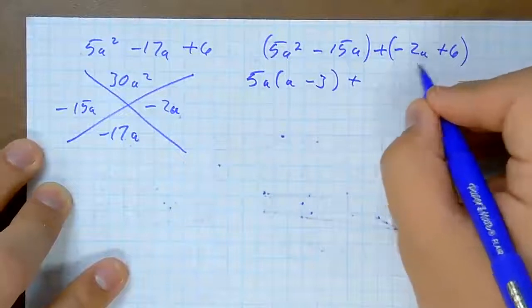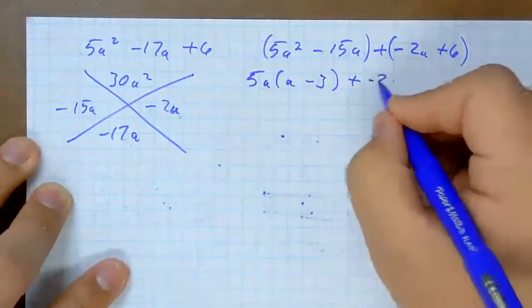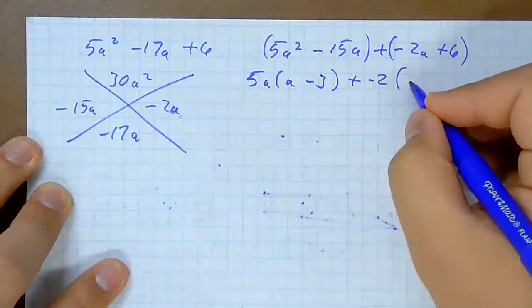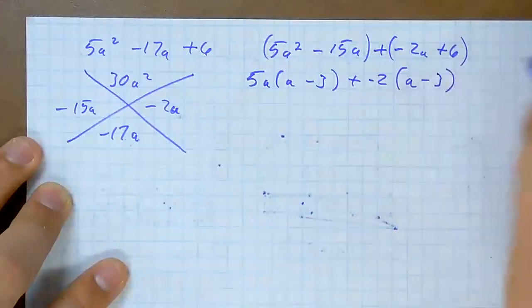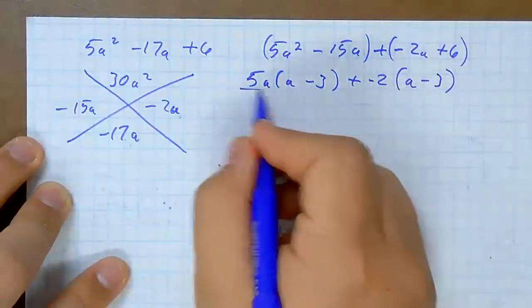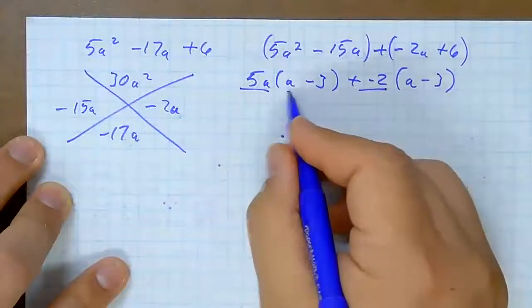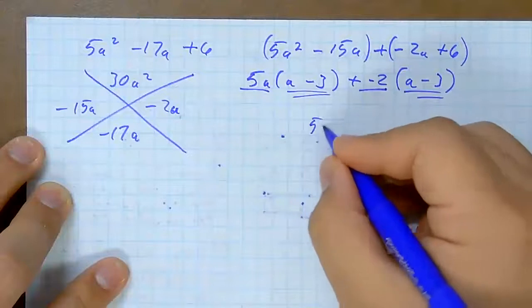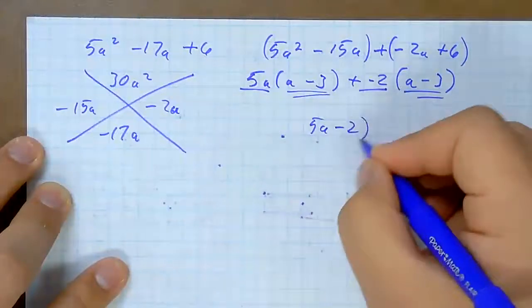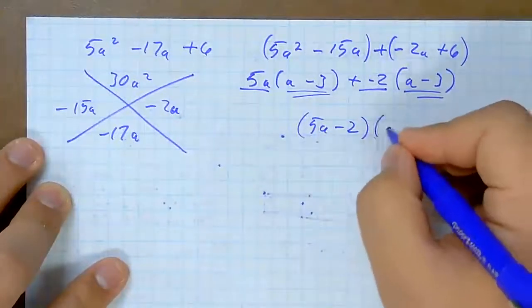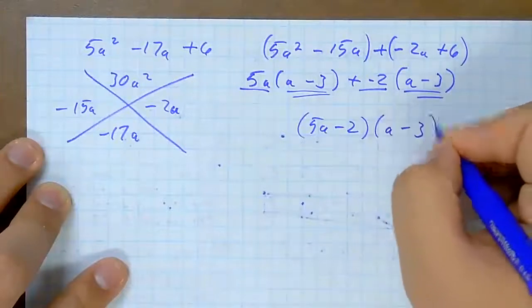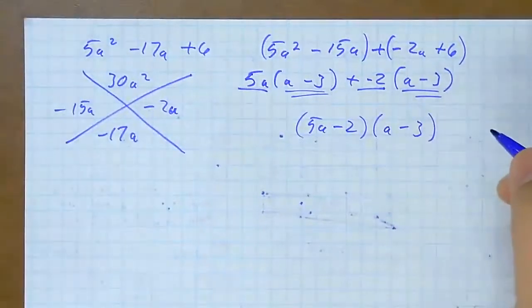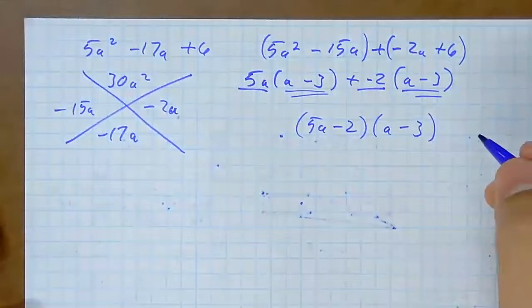The higher degree term is negative, so our GCF is going to be -2 times a minus 3. So we have our GCFs and our leftovers, and what we're left with is 5a minus 2 times a minus 3.